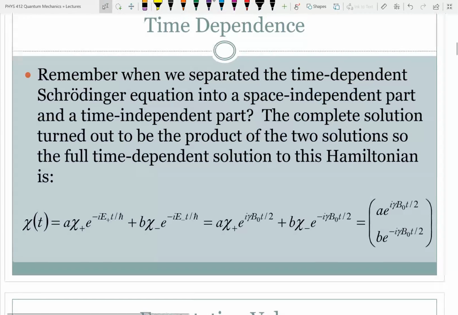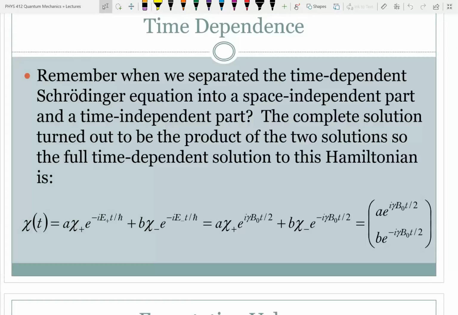Okay, now, previously we showed that with the time-dependent Schrodinger equation, we could separate out the time part from the spatial part. We're going to apply the same idea to separate out the time part from the spin up, spin down part.